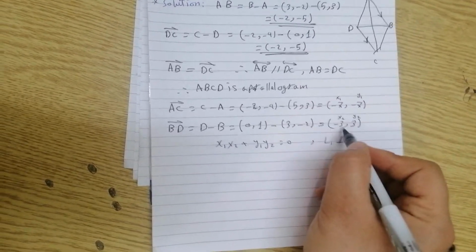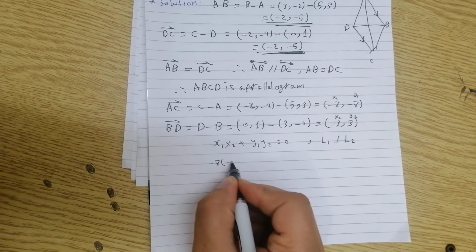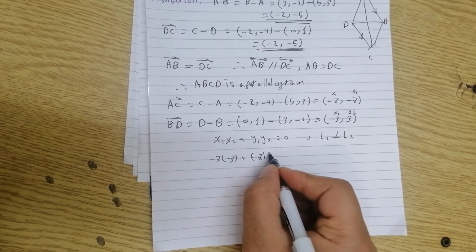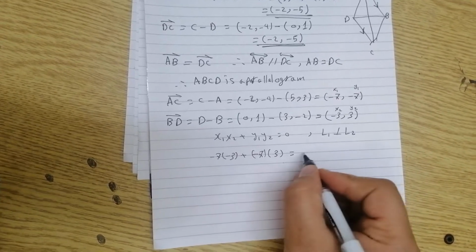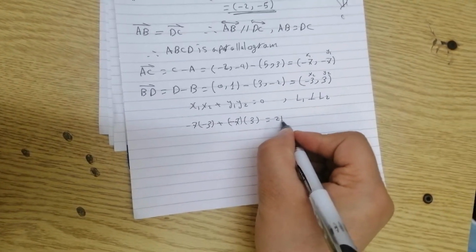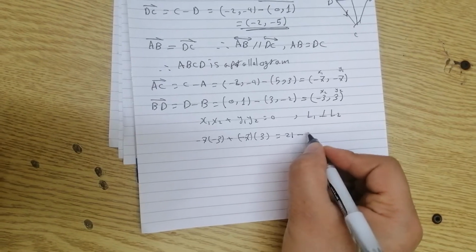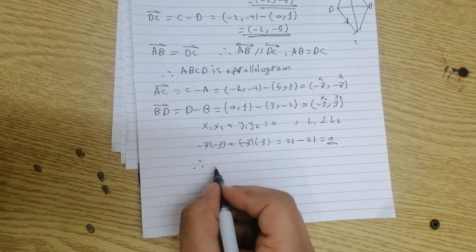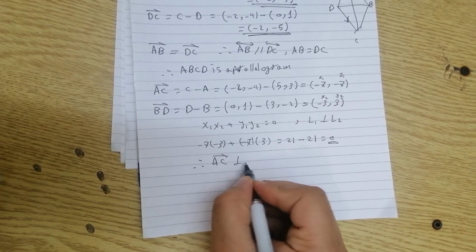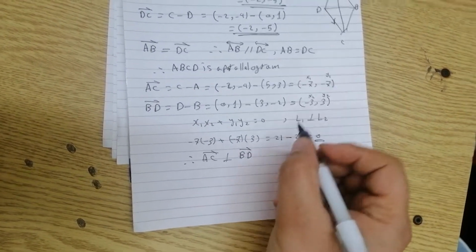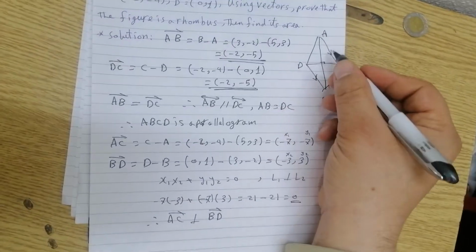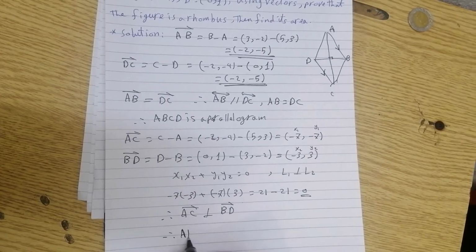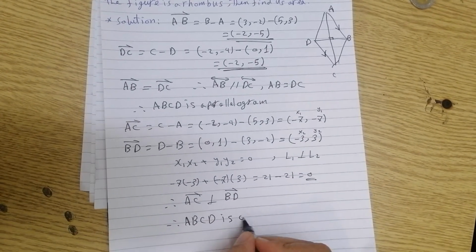Then negative 7 by negative 3 plus negative 7 by 3 equals positive 21 minus 21, equals 0. Is required. Then AC vector is perpendicular to BD vector, and that is enough to prove that ABCD is a rhombus, and ABCD is a rhombus.